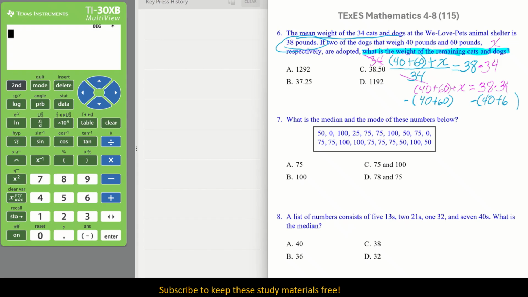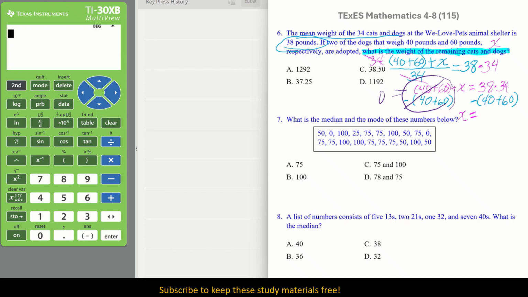If we subtract that in the calculator, that's going to give us what our X is. All of this is my zero pair. That's going to be 0, so it's gone. So on the right-hand side, we're going to have what X equals. It's not an approximation. It's actually going to be equal to the value that we need.